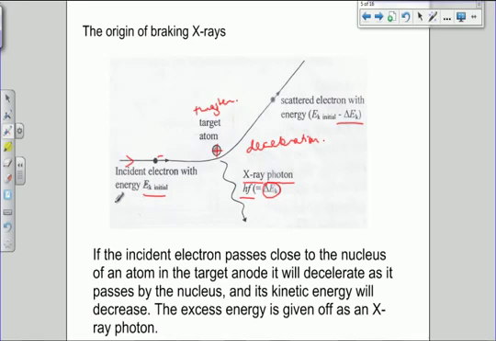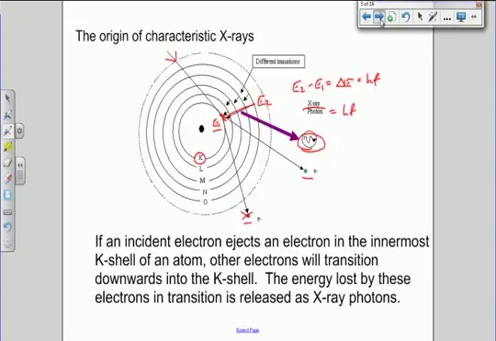The electrons will be incident upon the material at various distances from the nucleus, and therefore they'll be decelerated by different amounts. In fact, there's a continuum of amounts of deceleration. The amount of energy that's lost by the electron forms a continuous spectrum, and therefore the X-rays produced also form a continuous spectrum.